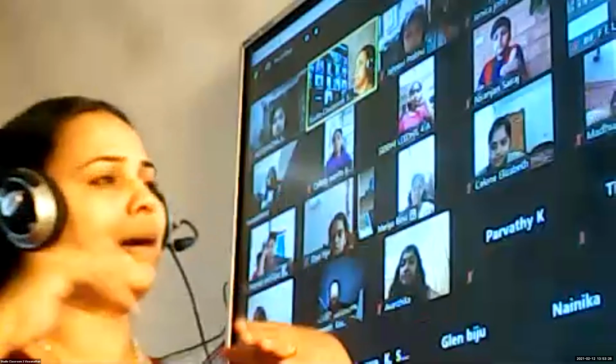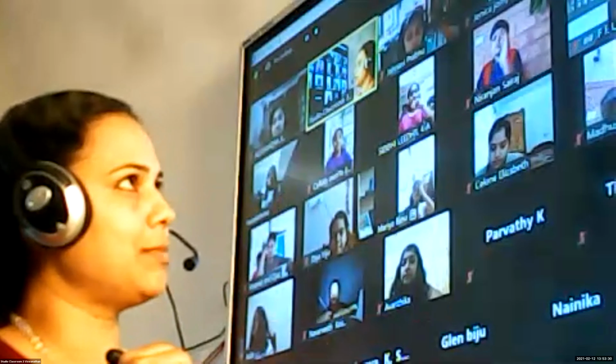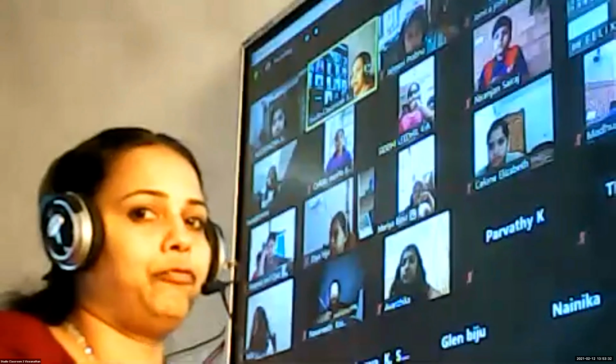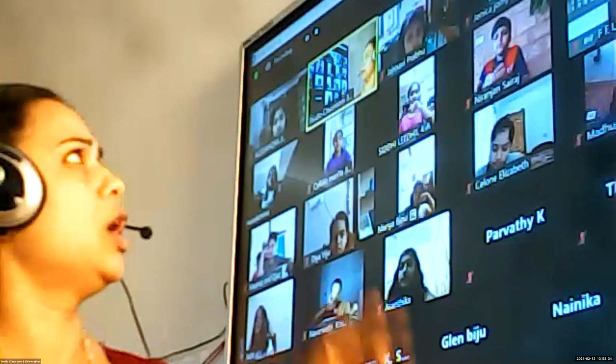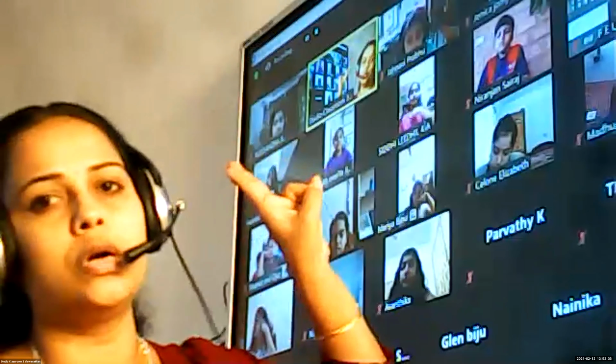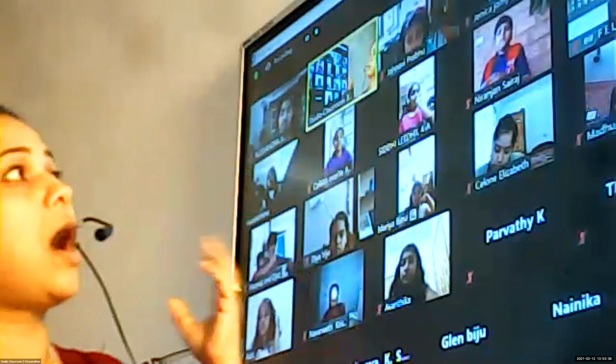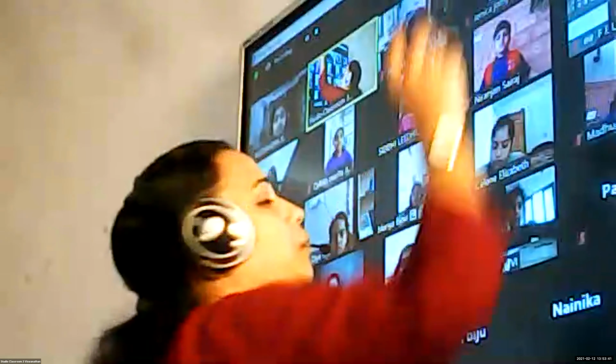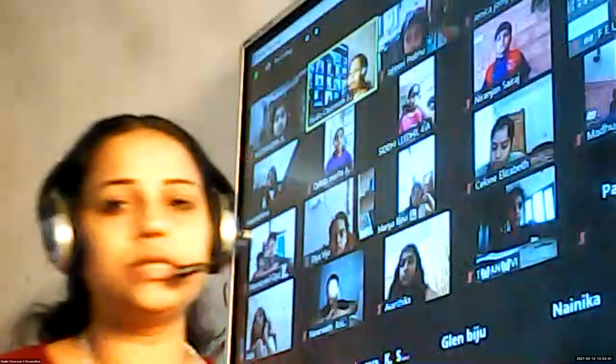Okay, children, you have to remember carefully. Multiply means we will move the decimal point from left to right. Every time we will shift only 2 digits. Why? Because 100 means how many zeros? Only 2 zeros.